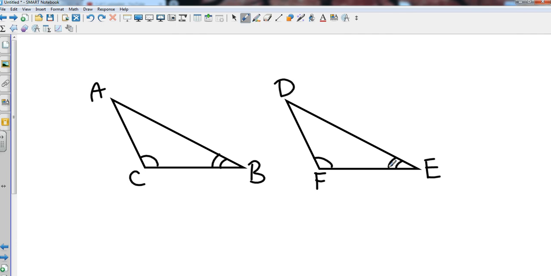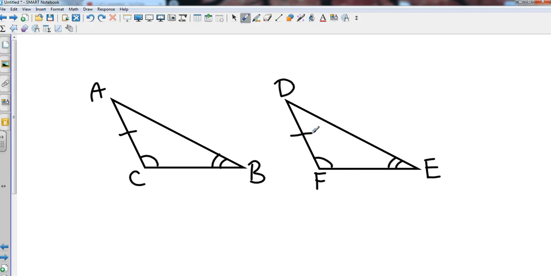The included sides would be CB and FE, and so the non-included sides can be either of the other two. So I'm going to go with AC and DF. The reason they're not included is because their endpoints are not on both of those congruent angles.